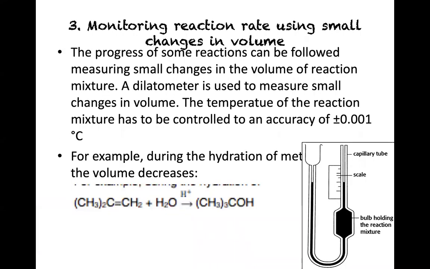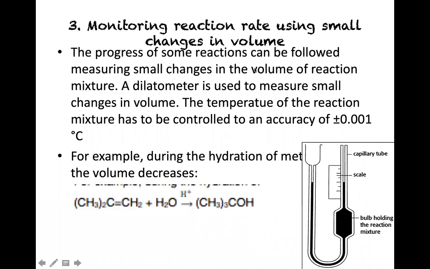Next one is when you have small changes in volume, okay? In the previous methods, mass loss and measuring the volume of gas produced, this is for when there is a big change in volume, okay?